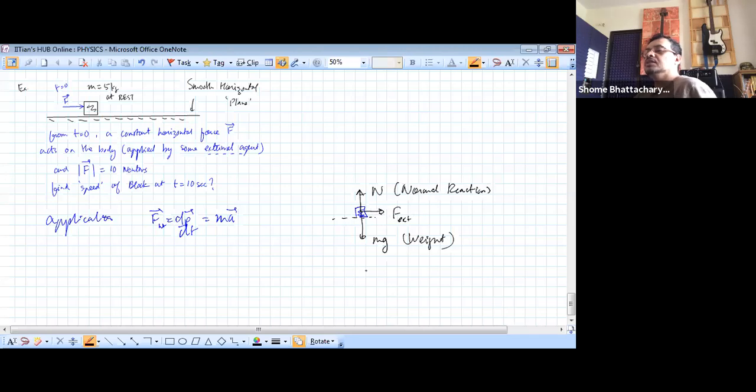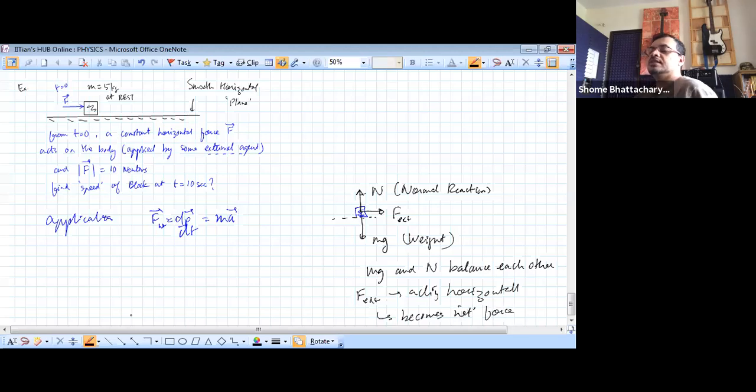So what is happening is that mg and N balance each other. And the external force acting horizontally becomes the net force, because there's nothing to challenge it.